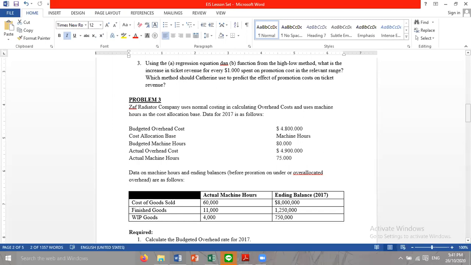So we use budgeted indirect cost rates to calculate indirect costs. Just remember the formula: budgeted indirect cost rate is budgeted annual indirect cost divided by the budgeted annual quantity of the cost driver. But although it uses budgeted indirect cost rate, normal costing uses actual direct costs.